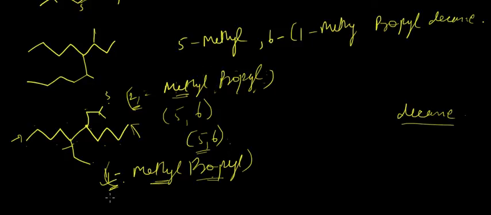So this one would be given higher priority because 1 gets priority over 2. So it is 5-(1-methylpropyl) and 6-(2-methylpropyl)decane. Okay, this completes our video lecture, and in the next video lecture we'll be covering some more examples of nomenclature of cyclic alkanes.